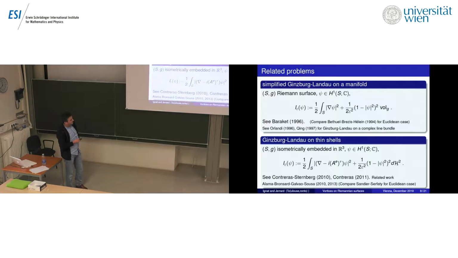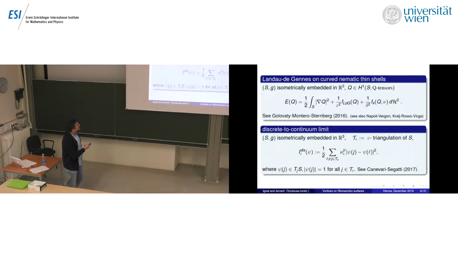That was found by Contreras and Sternberg. Okay, so of course, they started to analyze what's the first critical external field when vortices will start to appear. And then Contreras did more work on this, but on surfaces of revolution. And also, I mean, Stan and Lee worked on similar contexts.